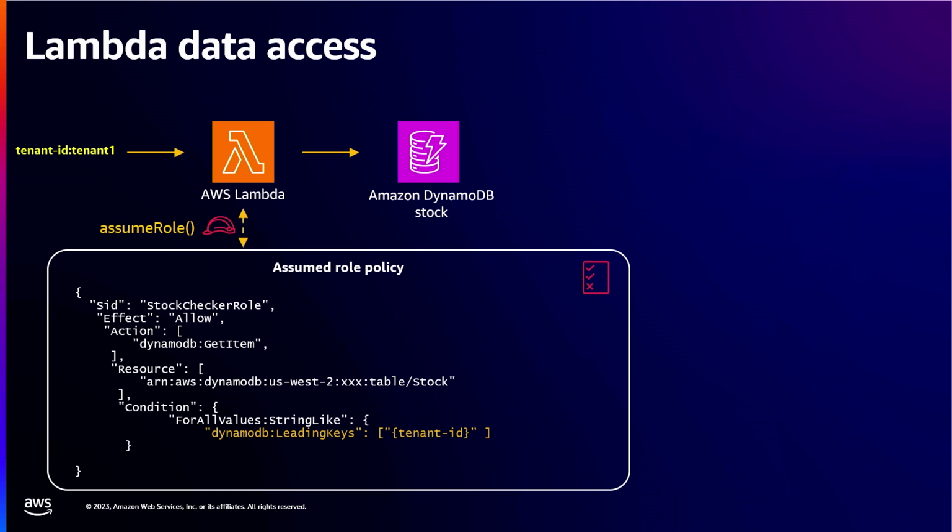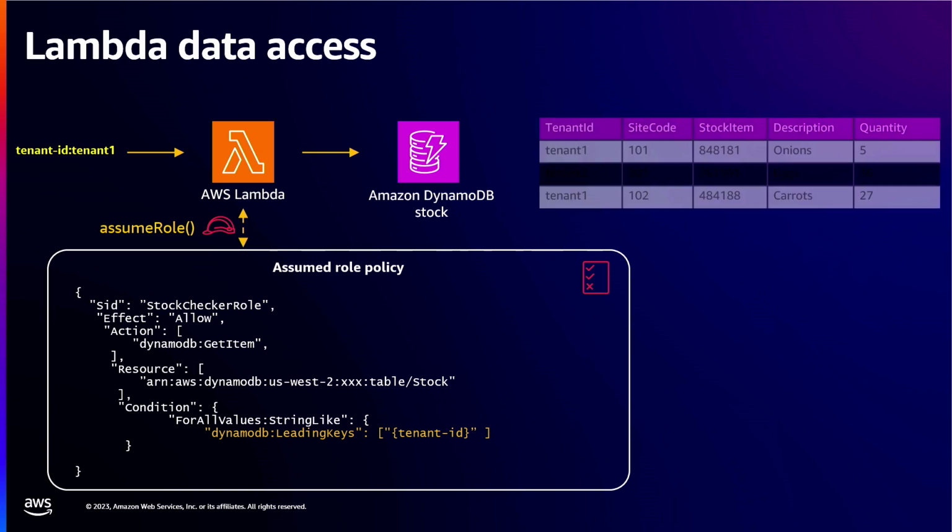So we're not using the Lambda execution role to give permissions to DynamoDB. What we're doing is extracting that tenant ID, adding it to a dynamically generated IAM policy, and then assuming a role using an STS AssumeRole call to IAM, which will return us some temporary credentials. Now we can access DynamoDB, and even if we try to access tenant 2's data, we can't.